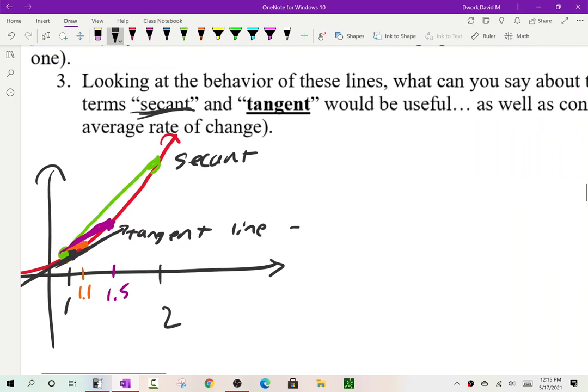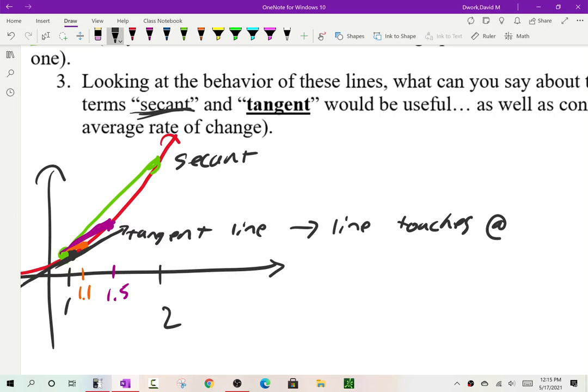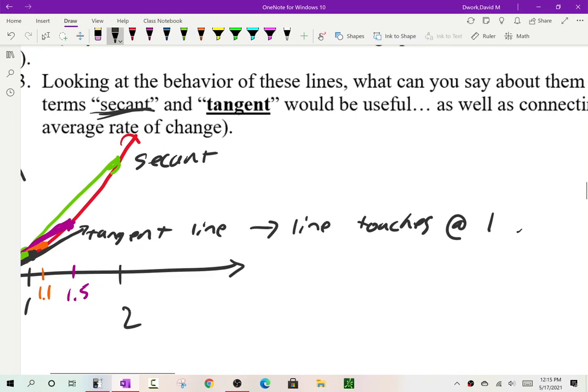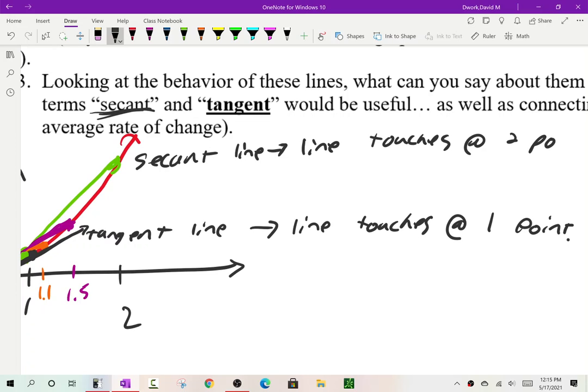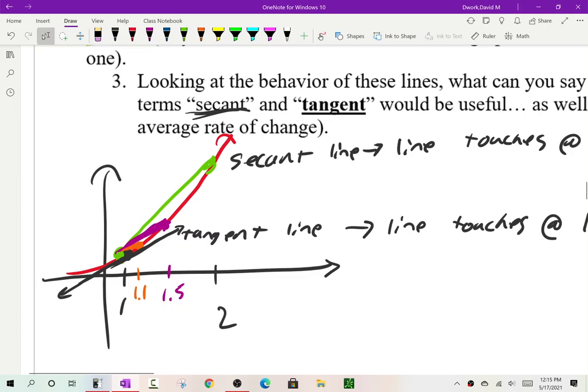That was a line that touches a graph at 1 point. At only 1 point. Secant lines were lines that touch at 2 points.